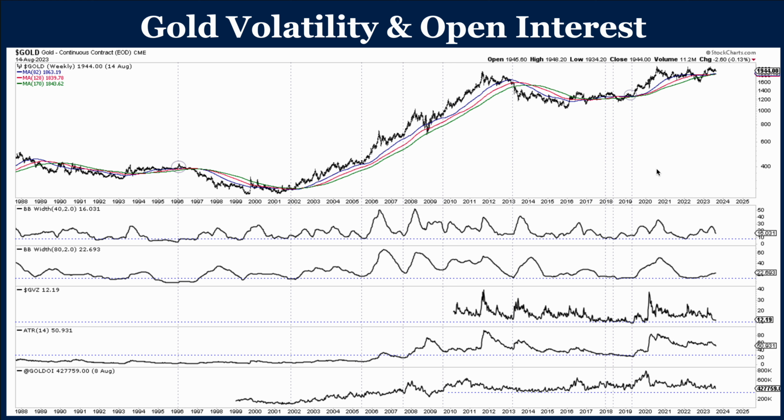Long diatribe aside, the key point in this video is that typically when you see these sell-offs, you see volatility coming down. I don't want to say the volatility coming down will precede the bottom, but if gold is going to come down to the low mid 1800s and make a significant bottom, before that happens, you're probably going to get low volatility.